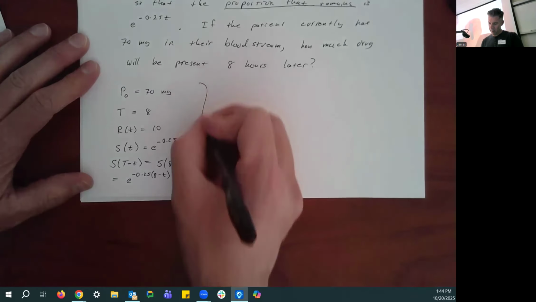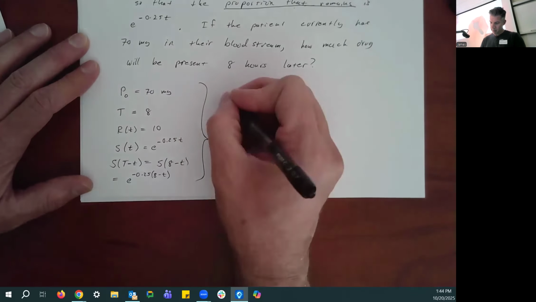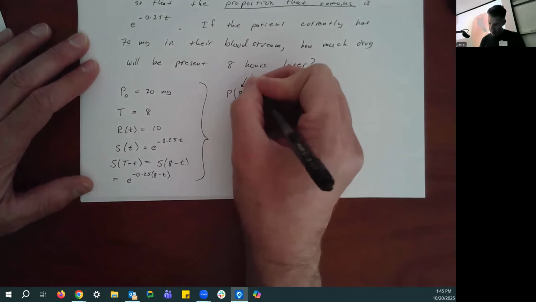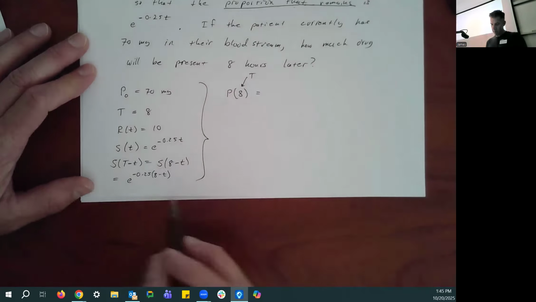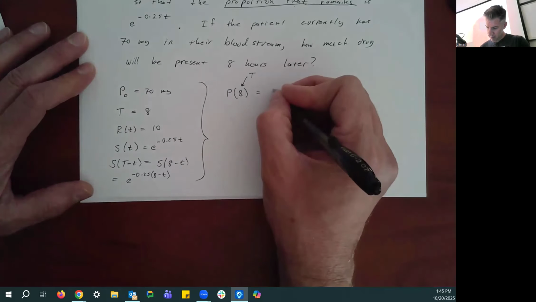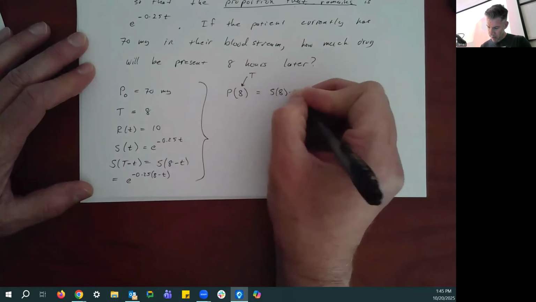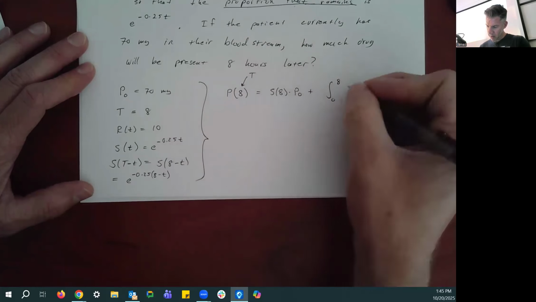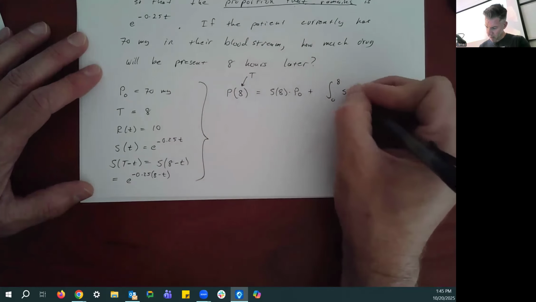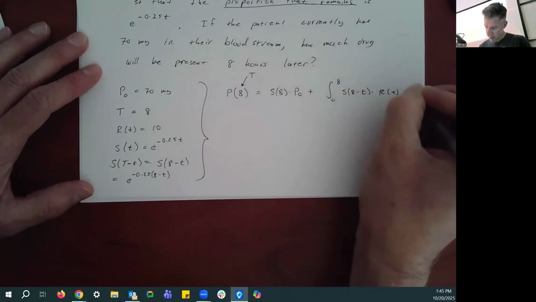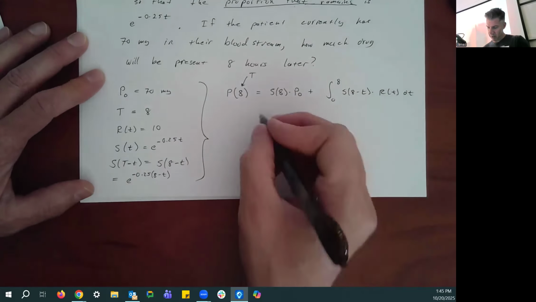So then all of that is going to tell me that P of capital T, which is 8, is going to equal my S of 8 times P naught plus the integral from 0 to 8 of my S of 8 minus t times my R of t dt. Then we just start plugging everything in.